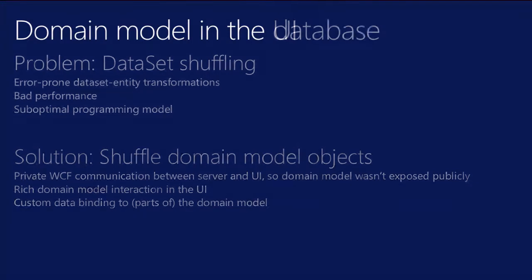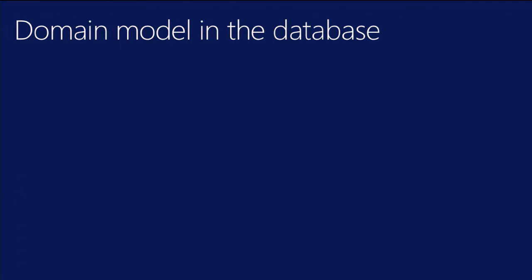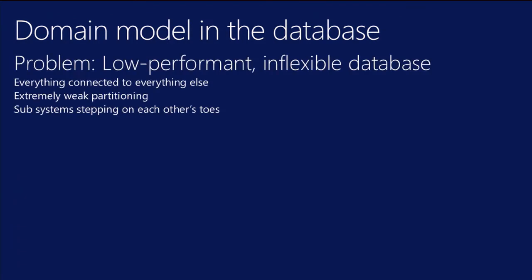The second thing we did was that we said, let's put the domain model in the database and not have a separate data model. So the database the client had was a low-performant and very inflexible database. Everything was connected to everything else. I suppose it's quite common. It sort of organically grew into this, of course. The partitioning was extremely weak, as I said before.